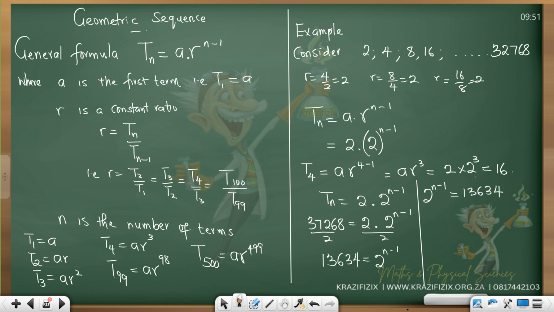Do you guys know how to use your calculators to find factors? Shift fact, right? Can somebody use a calculator to find the shift fact there?